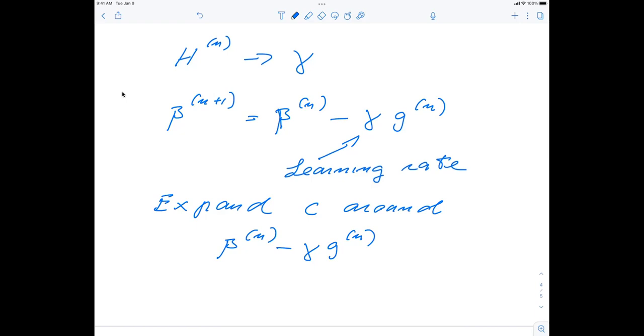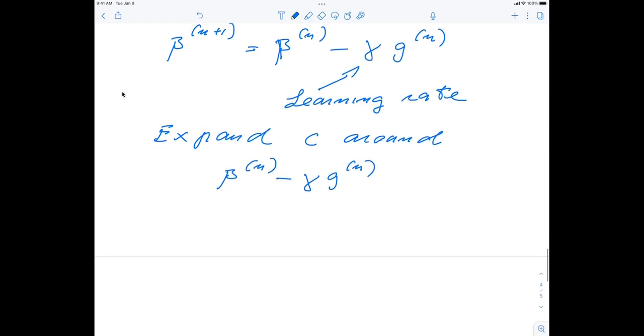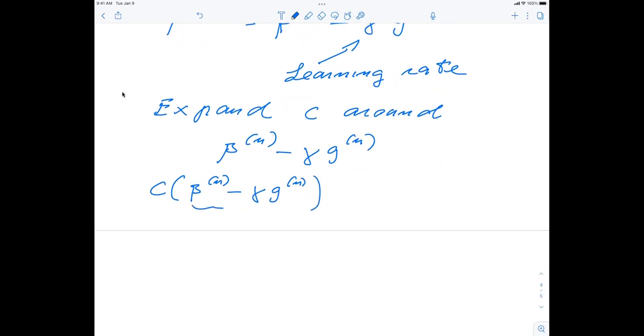So let's perform a new Taylor expansion. You will see many Taylor expansions here. What we get then is C of beta of n minus gamma g of n. So this is actually the new optimal value. Remember, we're repeating the same exercise as before. So this is beta of n plus 1.